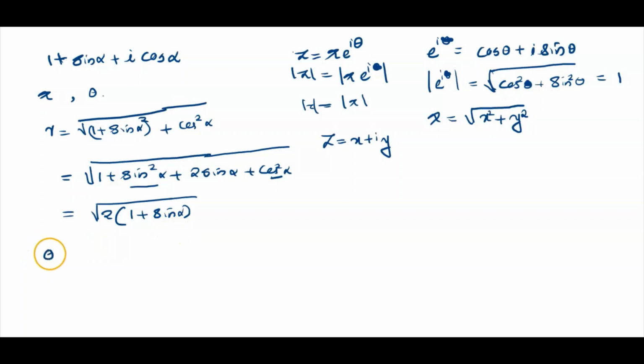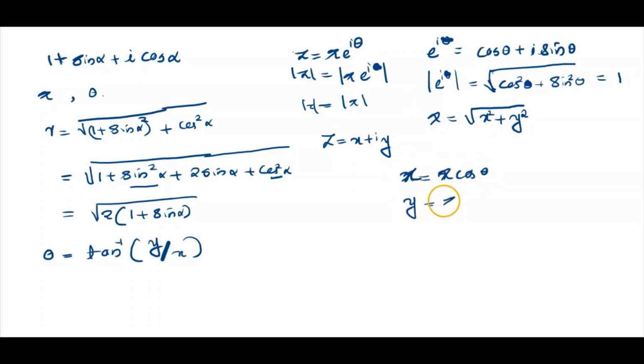And the angle is defined as theta is equal to tan inverse y by x. That means z is equal to r e raised to i theta. In polar form, x is r cos theta and y is r sin theta. This we get in the Argand plane: x is equal to r cos theta, r is the magnitude and theta is the argument, and y is equal to r sin theta.